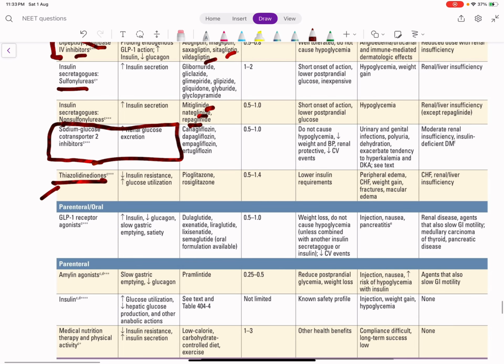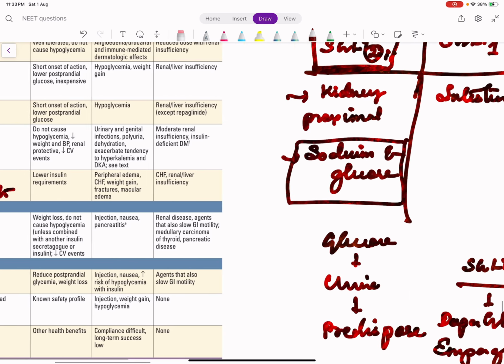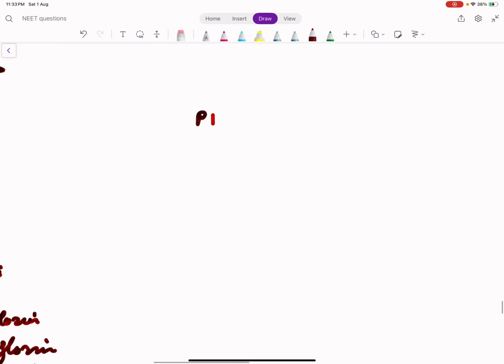Thiazolidinediones are the pure insulin resistance treating drugs. So these thiazolidinediones are pioglitazone and rosiglitazone. They are PPAR gamma agonists. Remember, there is a drug class called PPAR alpha agonists.